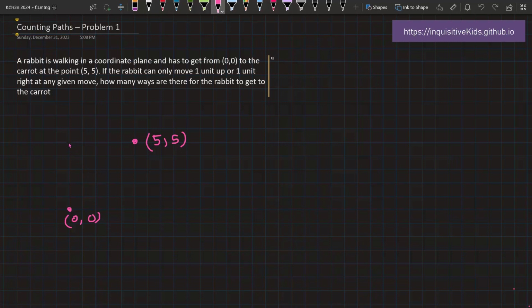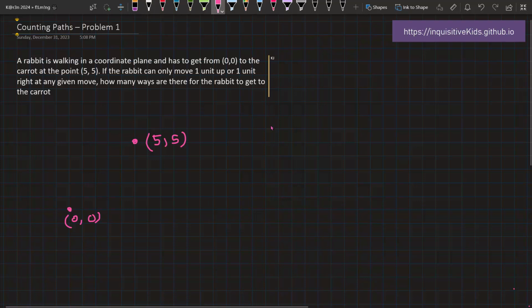Now we can basically try to count all the different ways to get from 0, 0 to 5, 5, traveling along the lines in this coordinate grid. This is basically what we're trying to figure out. But it's going to be super tedious if we try to count every single possible step. So how do we start?